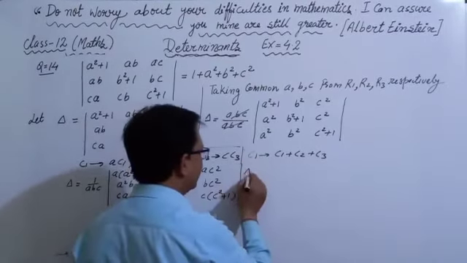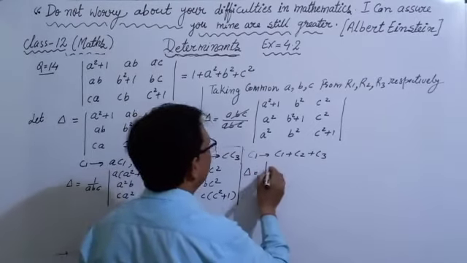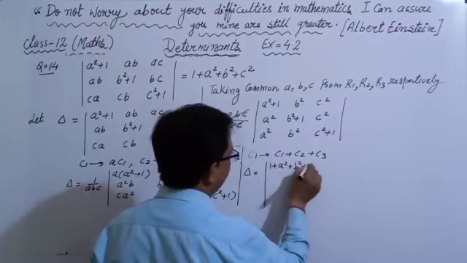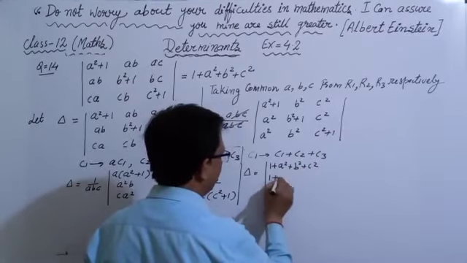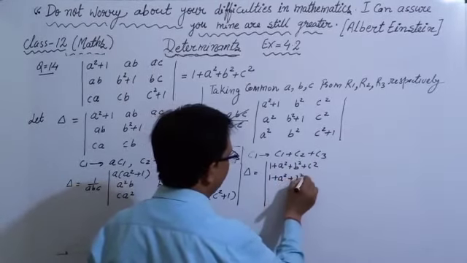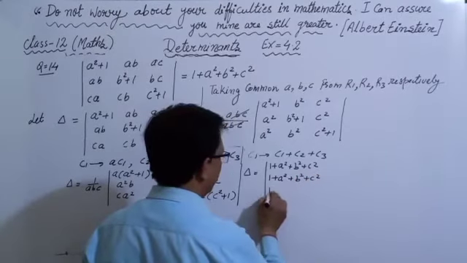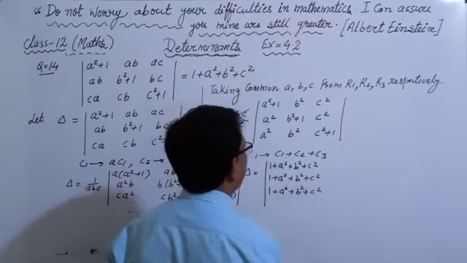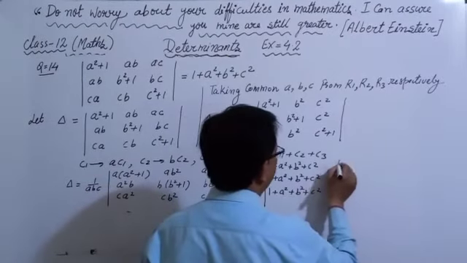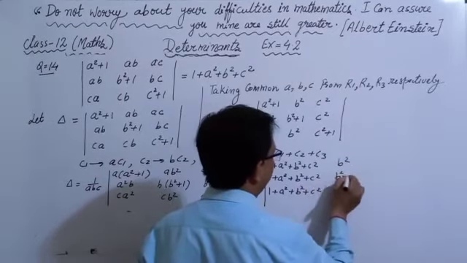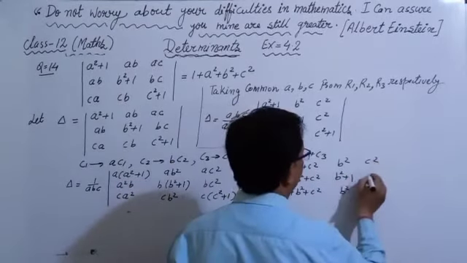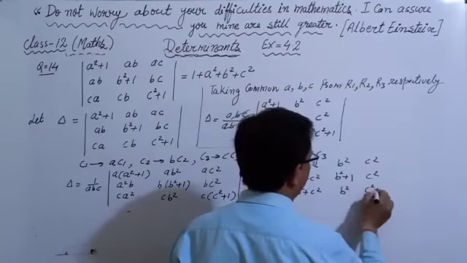So delta is equal to, here we get 1 plus a square plus b square plus c square. Here also 1 plus a square plus b square plus c square. Here also 1 plus a square plus b square plus c square. And the remaining elements as they are: b square plus 1, b square, c square and c square plus 1.